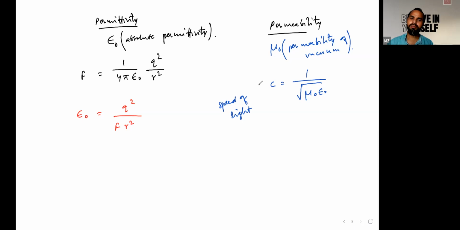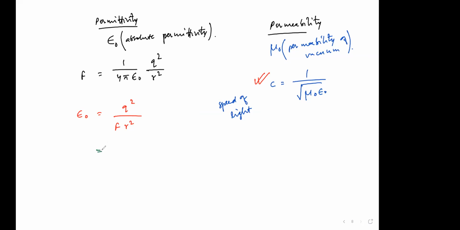Do this particular problem in your homework. This part. Alan, have we done? I'm doing it.